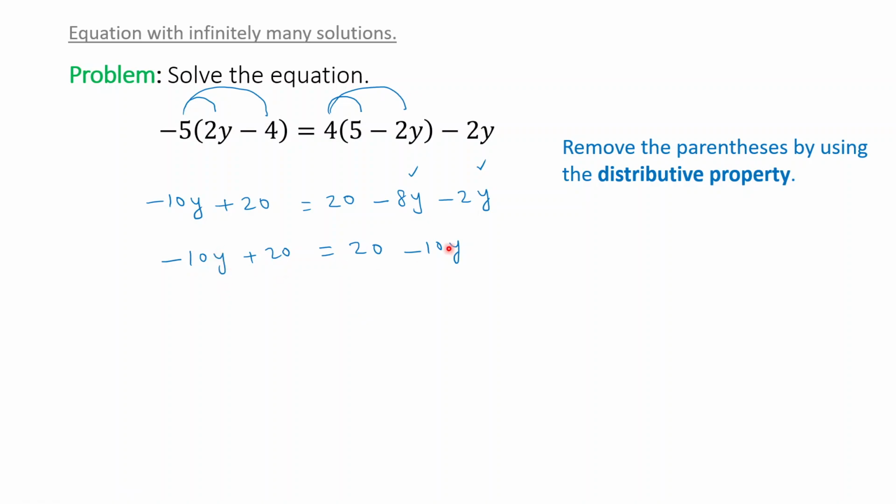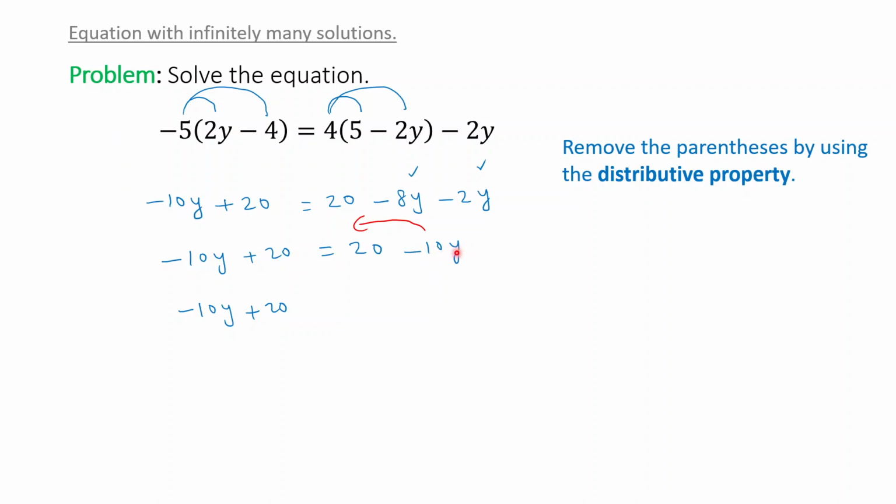Now you have variable here and also here. Move this to the left hand side. Negative 10y plus 20. Move this to the left hand side. If you move this to the left hand side, you need to change the sign.